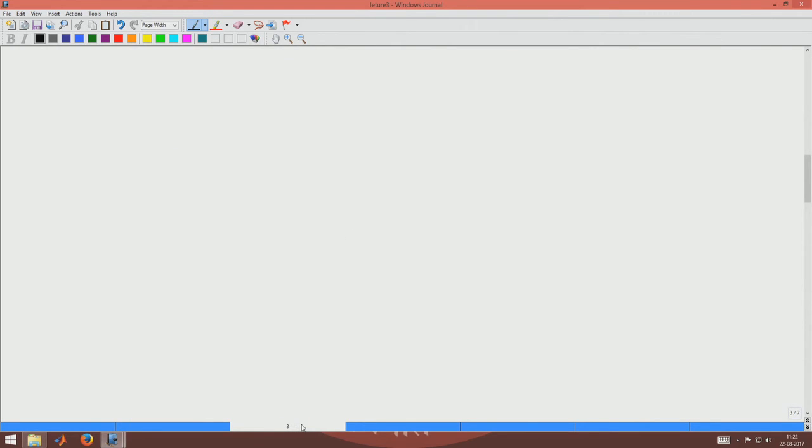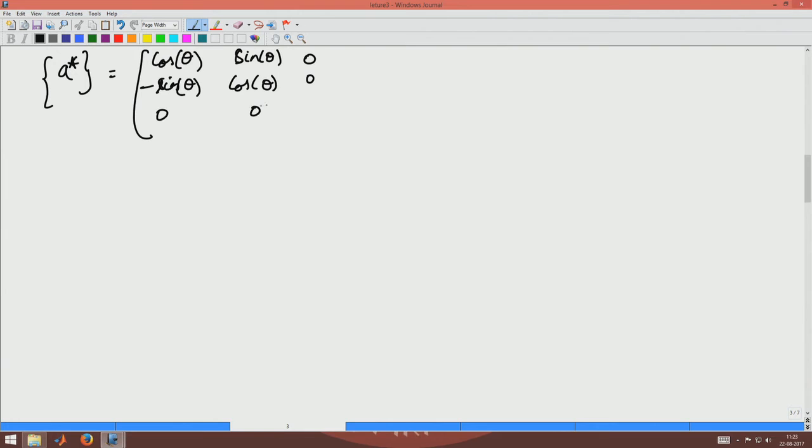Now, let us see what happens for the case that we have considered, okay. So, A star would be cos theta, minus sin theta, 0; sin theta, cos theta, 0; 0, 0, 1 into a1, a2, a3.